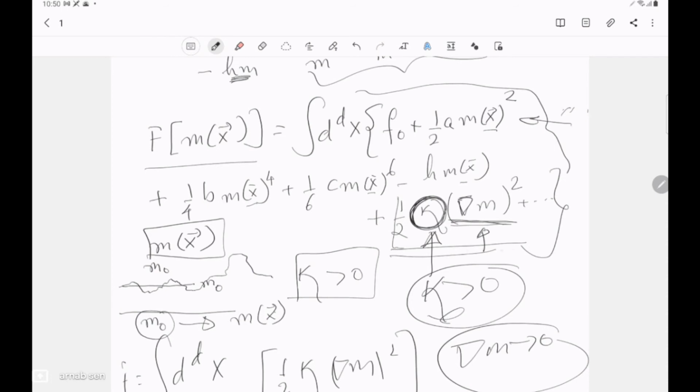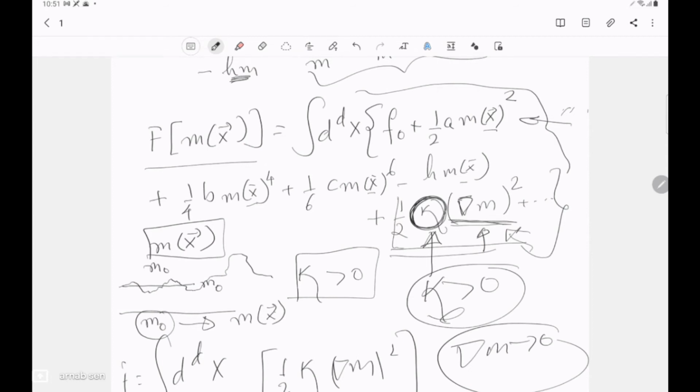And I'm introducing this new term here. This new term is simply there because I want to put a free energy penalty, and this makes perfect physical sense. I want to put a free energy penalty on spatial variations of the mean field, that field itself. Okay, right.